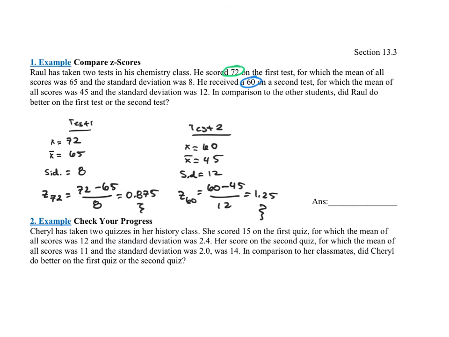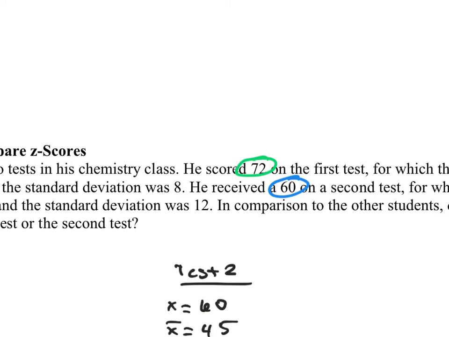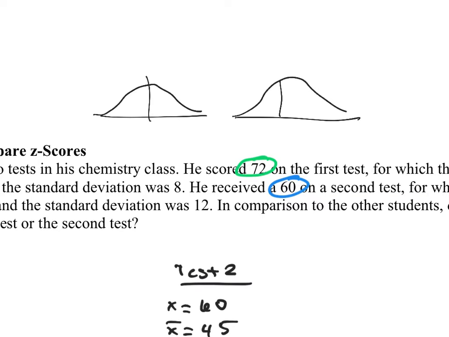So if you're a visual person, let me show you what's going on here. What you have here is the mean, and you have the data scores. I'm going to draw them like this, and this is where it's at right here. So on the first one, you had a mean of 65, and the majority of people have to be within 1 standard deviation of the mean.